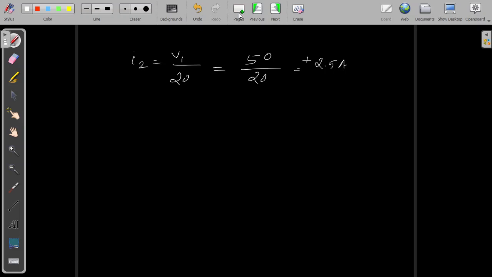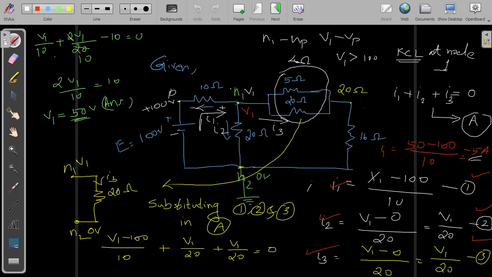That means the direction of I2 is the assumed direction, and its magnitude is 2.5 ampere. Now to get I3, I'm substituting V1 in equation 3.